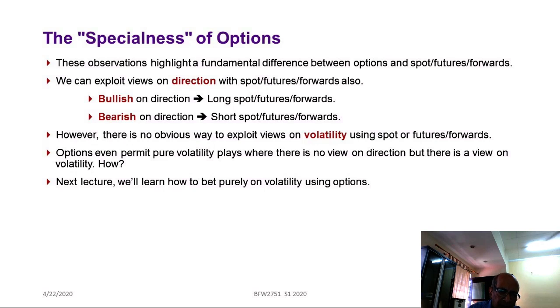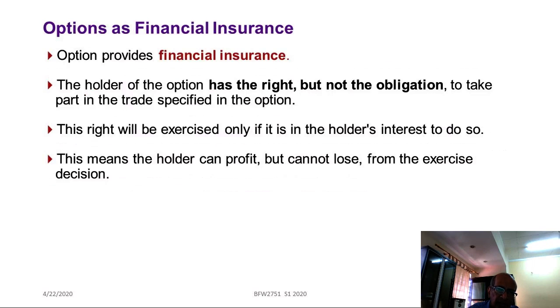Options even permit a pure volatility play where there is no view on direction but there is a view on volatility. How? You will see later. Next lecture, we will learn how to bet purely on volatility using options. The next lecture is going to talk about the strategies, where we exploit how to purely make money out of volatility.